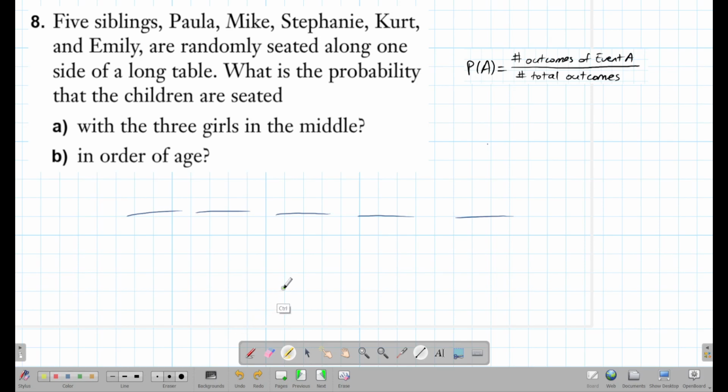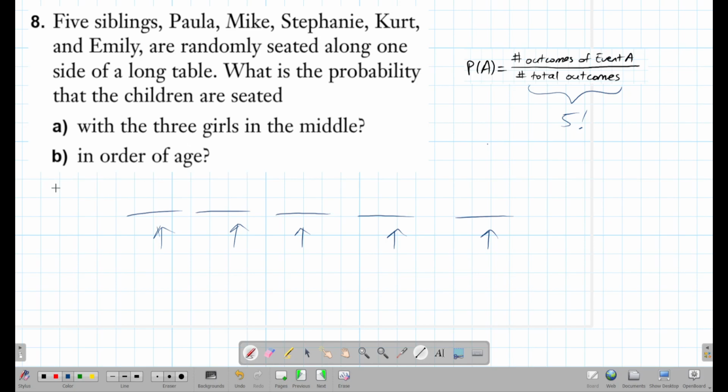The total number of outcomes is actually going to be easier to calculate, because we're just taking 5 people and arranging them in different seats. For the first one, we can pick any of the 5. For the second, we can pick 4 people because there are 4 left over. The third seat, we can pick 3 people. Fourth seat, 2. Fifth seat, 1. So the total number of outcomes is going to be 5 factorial.